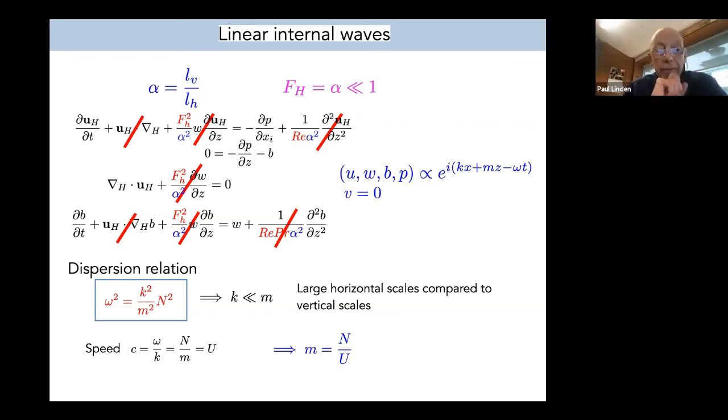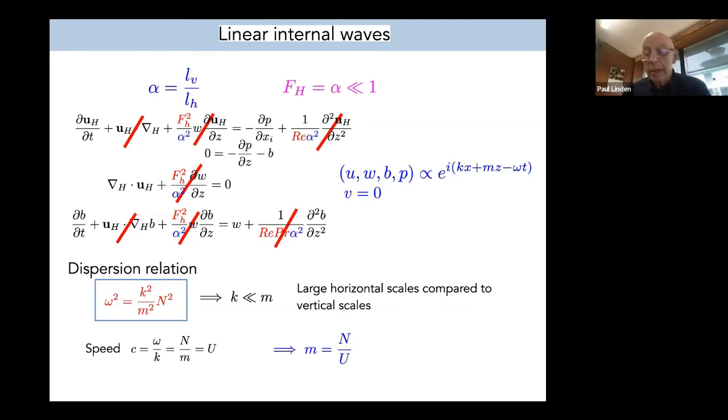And from the dispersion relation above, that's just n over m, and that's equal to u, if the waves are traveling at the same speed as the bar. And that means that the vertical wave number m is n over u. So these are waves with a wave number n over u, so a vertical wavelength of 2 pi u over n.